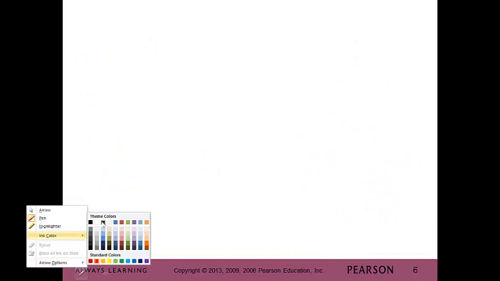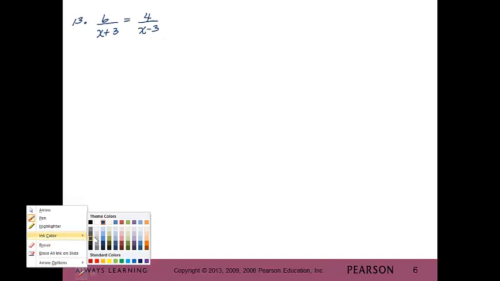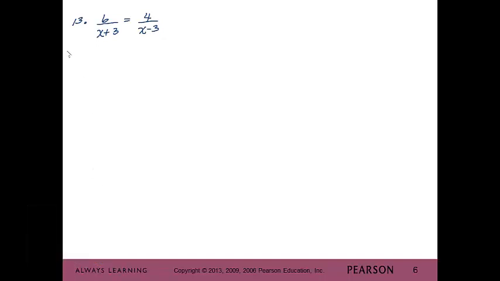Now let's look at number 13. And we have 6 over x plus 3 equals 4 over x minus 3. Let's start by listing our restrictions.